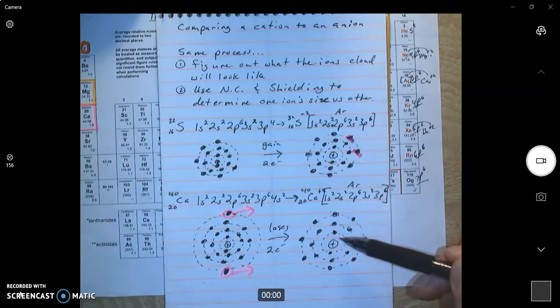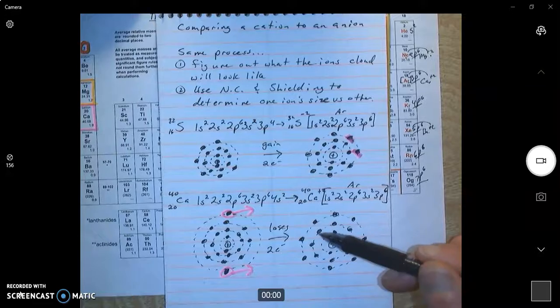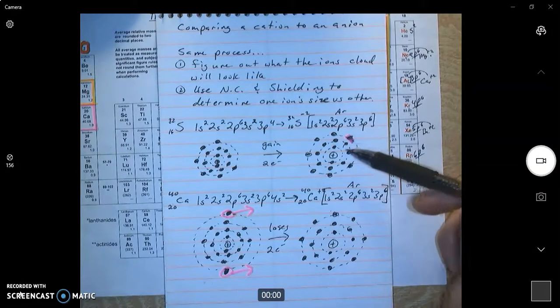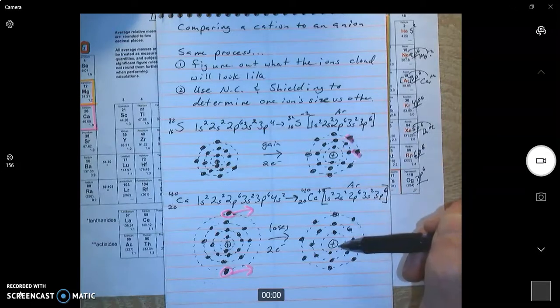So if we have an electron cloud that has 2 electrons in the first energy level, 8 in the second, 8 in the third, for both of these atoms, but this one has a mass of 32, this one has a mass of 40.